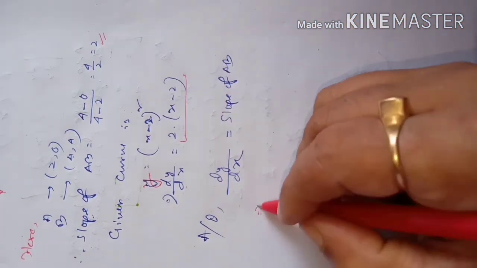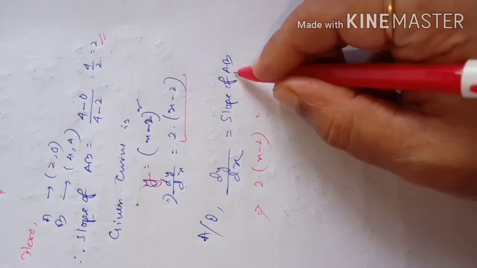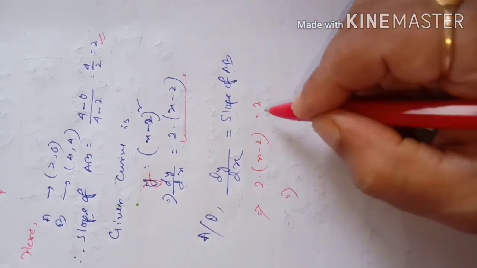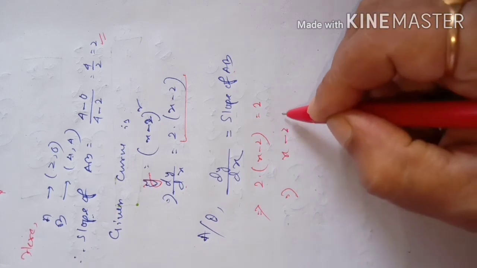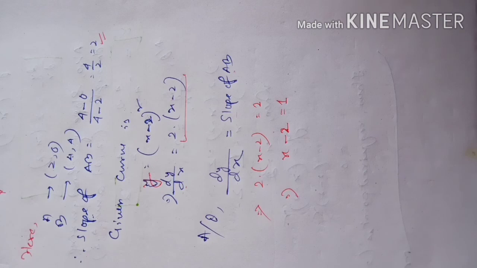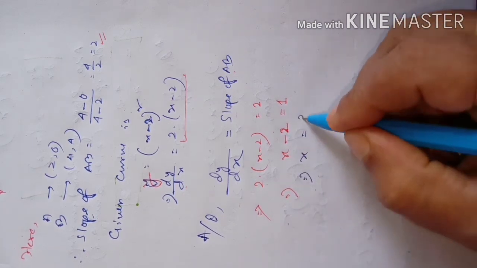So 2 times x minus 2 is equal to 2. 2 cancels 2, so x minus 2 is equal to 1. Therefore x is equal to 3.